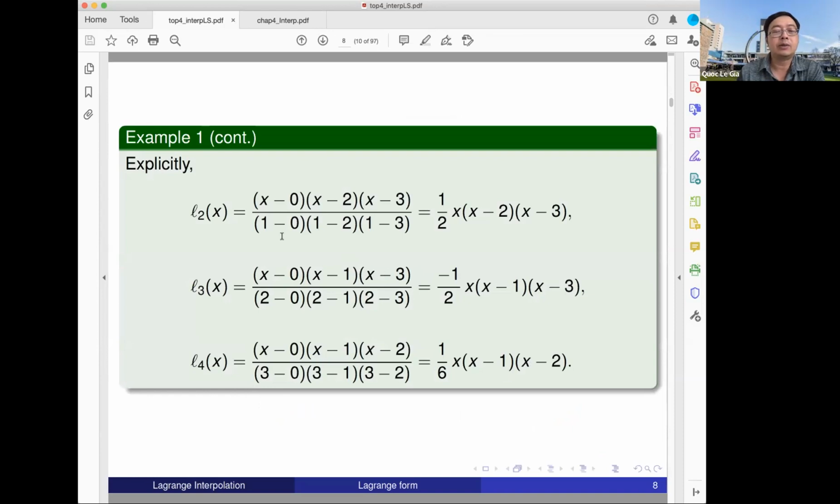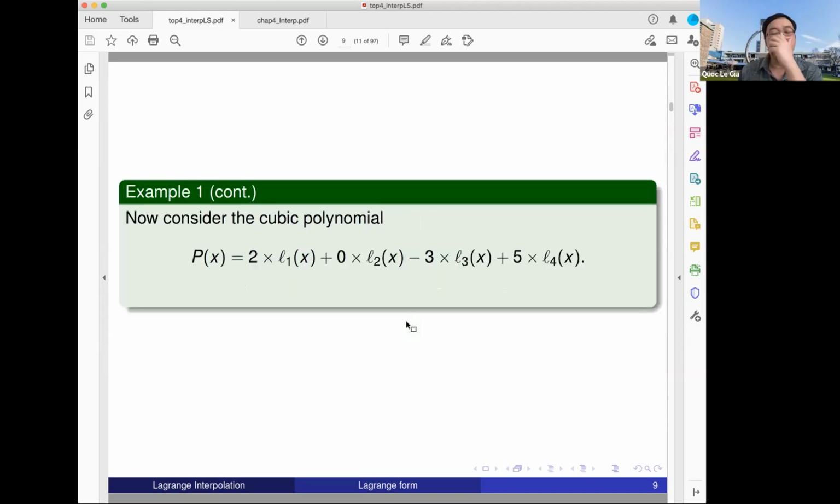So this one is L2, L3, L4, in case you want to work it out. You just plug it in with the same principle: x minus 0, then ignore x minus 1, then ignore the second point, and similarly the third point, and so on. Now the polynomial is like this.